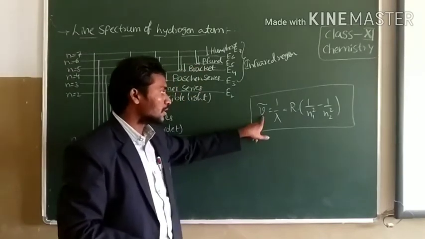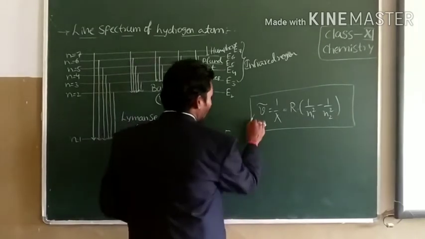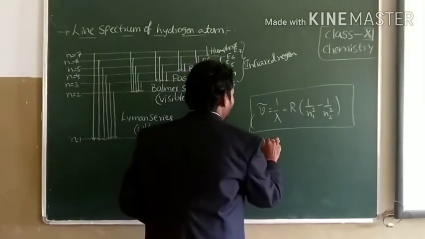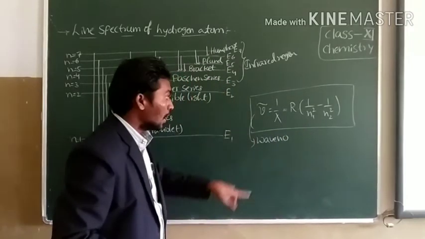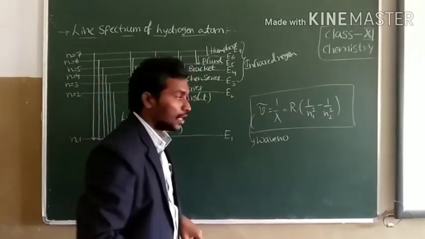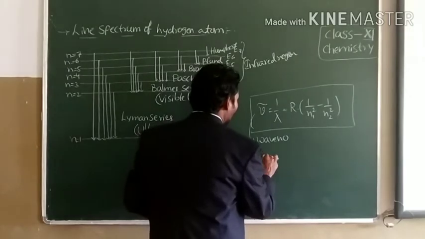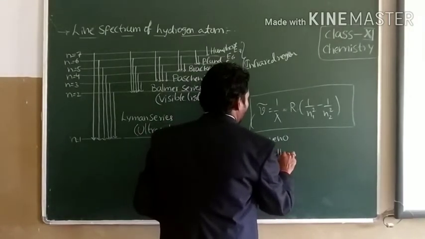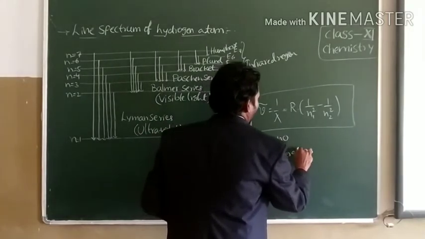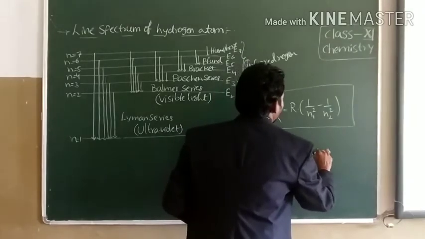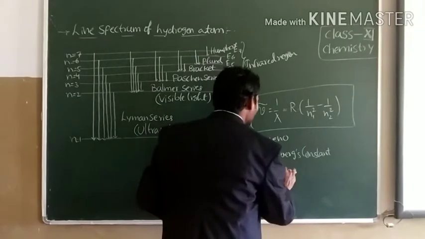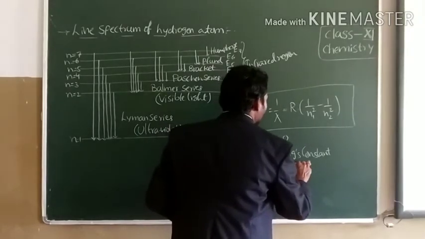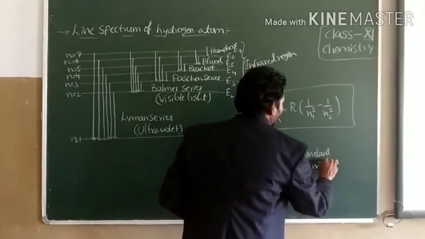Here mu bar is nothing but wave number. And what do we mean by R here? R means Rydberg constant. It's a constant, children. Its value is 109,677 per centimeter.